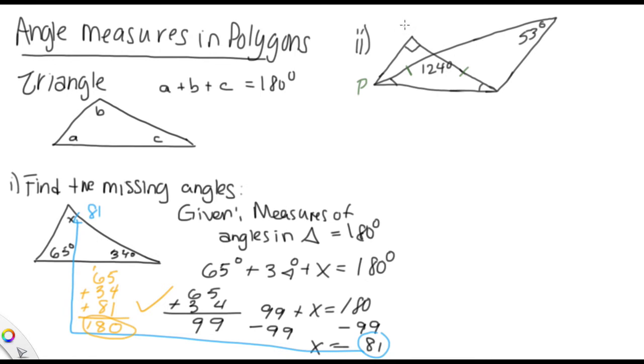Let's also label this, make this easier for us. And let's label the angles we're looking for. This angle, 2, 3, 4, 5, and 6.